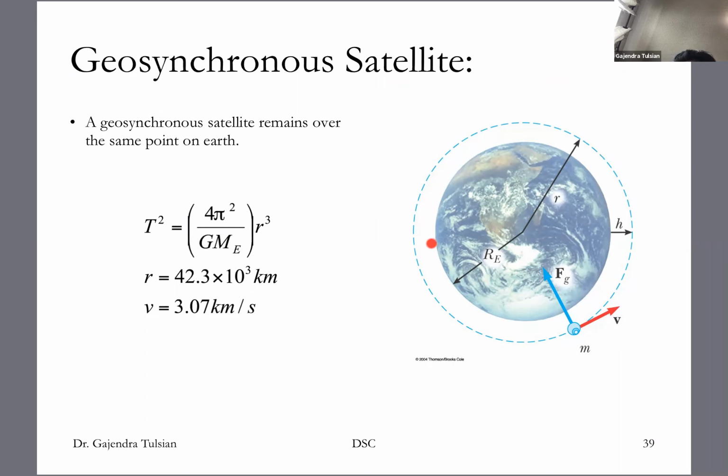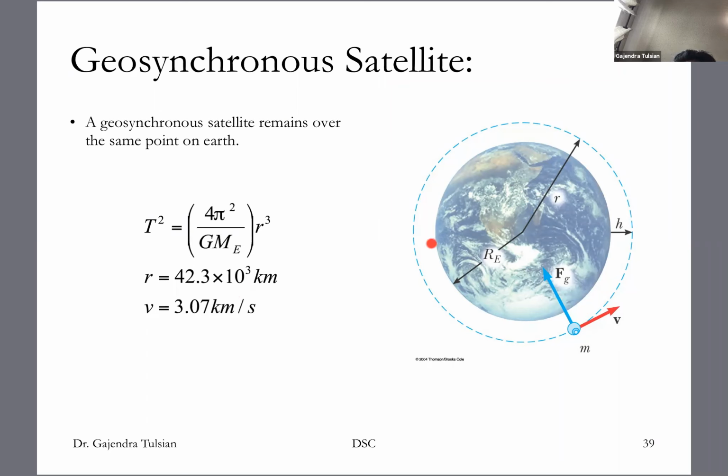So let's do this. Here's the Earth, here's the North Pole. If you're looking from above the North Pole, here's a geosynchronous orbit. There's the radius of the Earth, which is 6,400 kilometers.